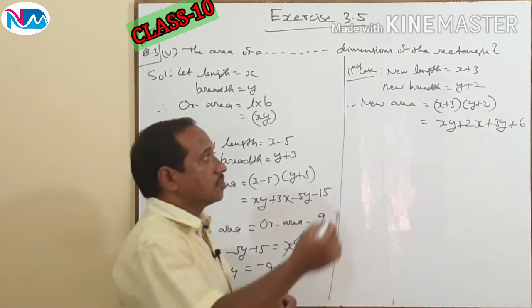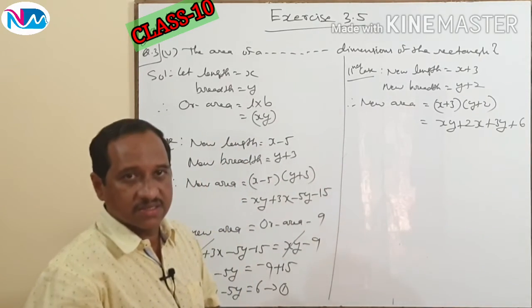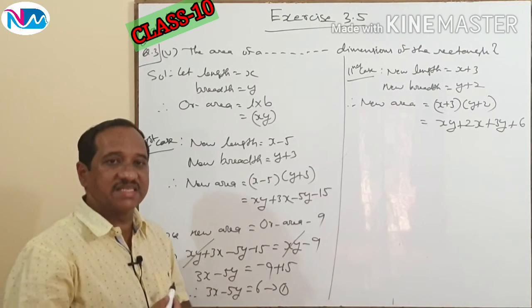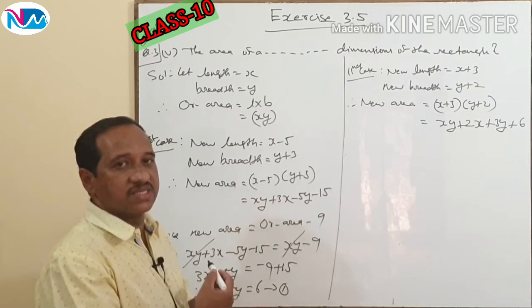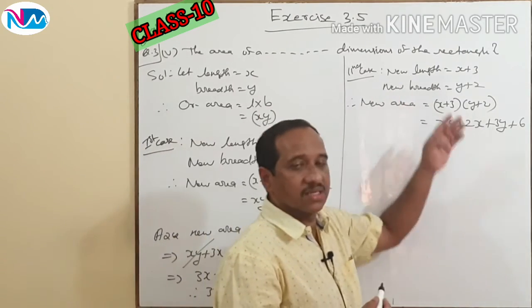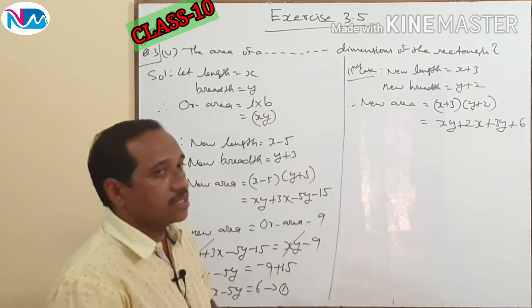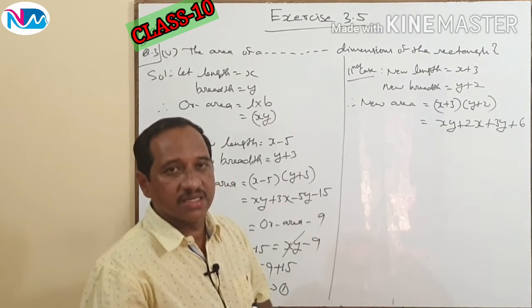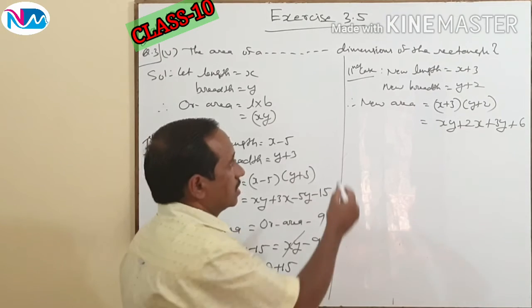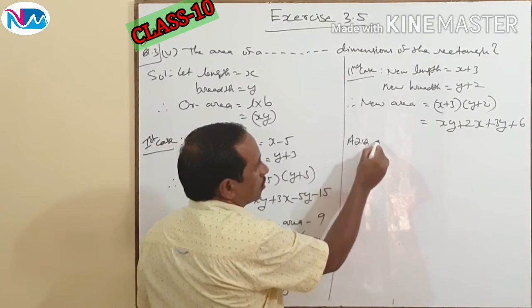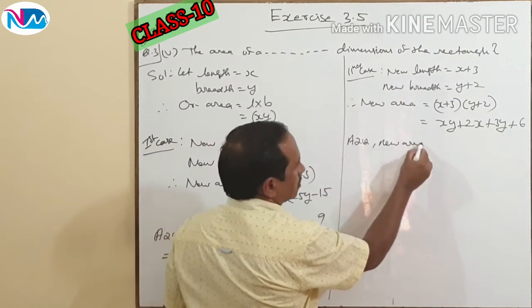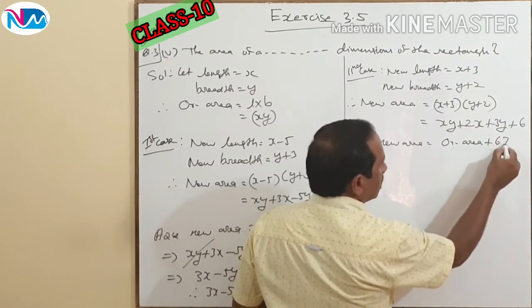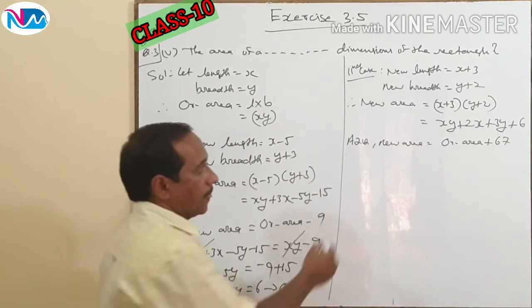But here, according to the question, the new area is equal to the original area plus 67, because the question says that if the length and breadth are increased by 3 and 2 units respectively, the area gets increased by 67 square units.